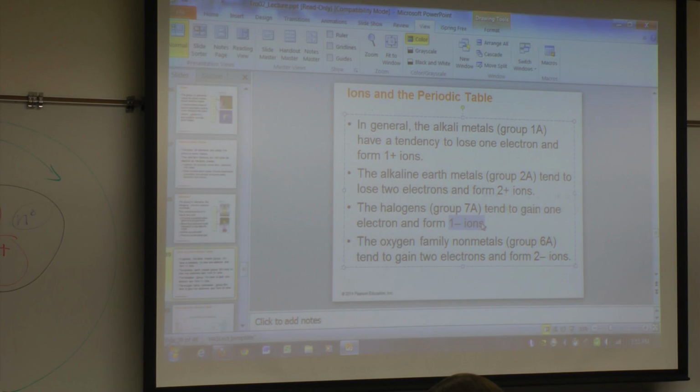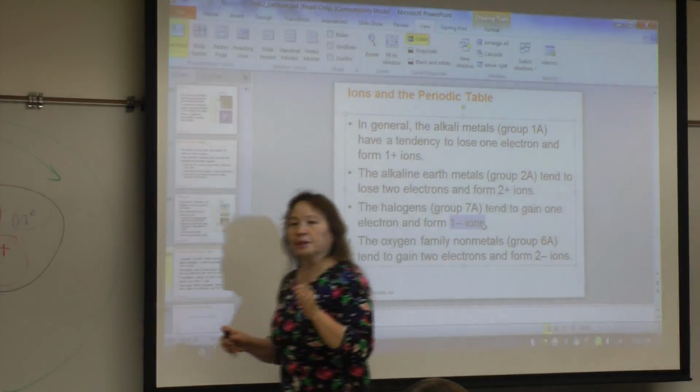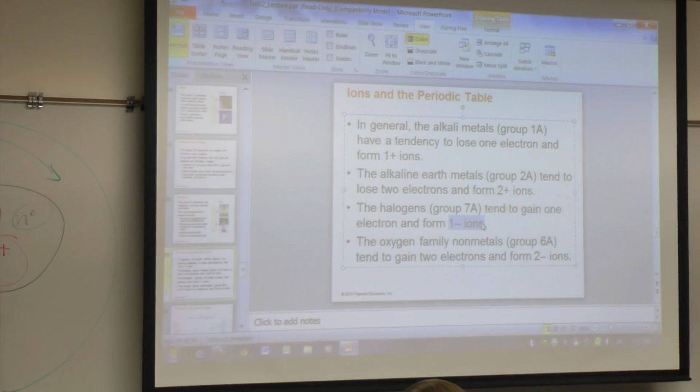And then a positive one, like sodium, we call a cation. You see the difference between the two, right? It's easy to remember cation because it's got a plus, and anion would be the negative charge. So any questions so far as being able to distinguish between an atom and an ion?